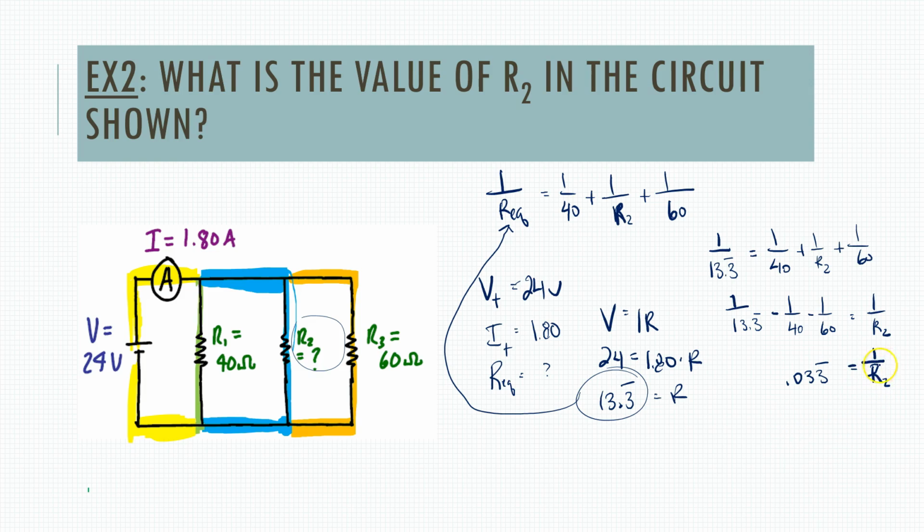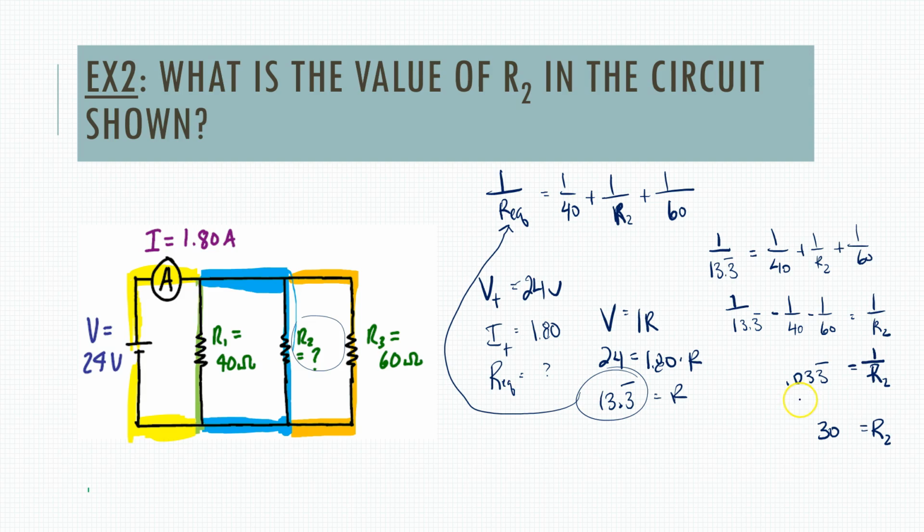Now, if it's 1 over R, you are going to have to do the reciprocal because we need to get this to R. I need it not to be 1 over that, but I need it to be the inverse of it. Well, the inverse of that is going to be 30.